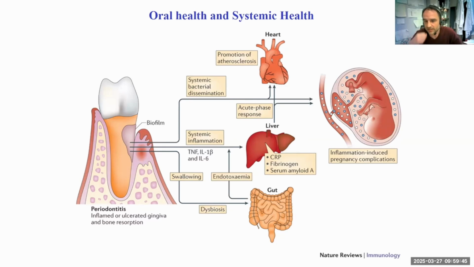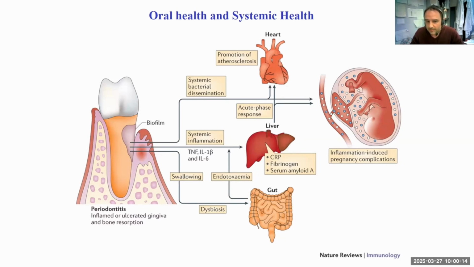It's very interesting because there have been several very good clinical studies in Brazil, where pregnant mothers that have bad gingival health are treated during the pregnancy, and the rates of preterm births actually go back to normal. So this is very interesting because it can be reversed.